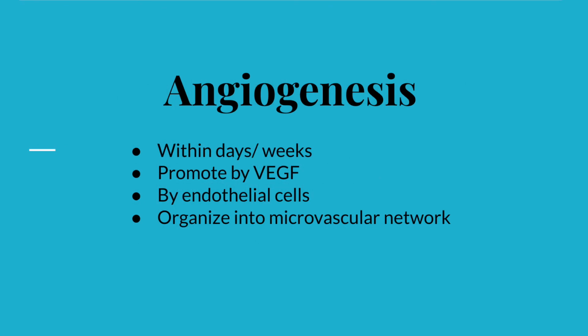Next up is the process of angiogenesis, promoted by vascular endothelial growth factor, which is produced by the endothelial cells. In the phase of angiogenesis, there is an organization of the microvascular network.